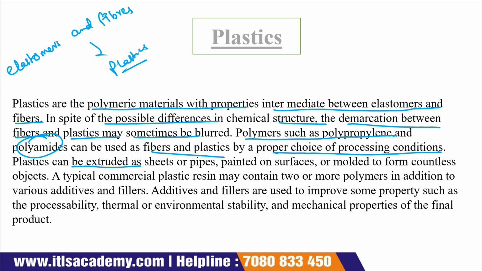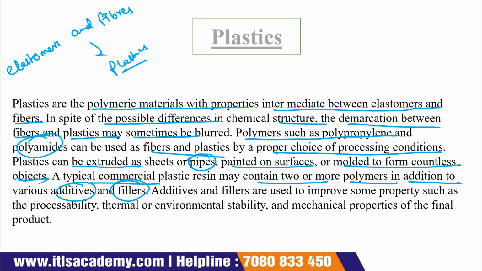Plastic can be extruded as a sheet or a pipe, painted on a surface, or molded to form countless objects. Okay, so these plastics are either used as a sheet, pipes, or painted on surfaces, or even in a molded form to countless objects. A typical commercial plastic resin may contain two or more polymers in addition to various additives and fillers.